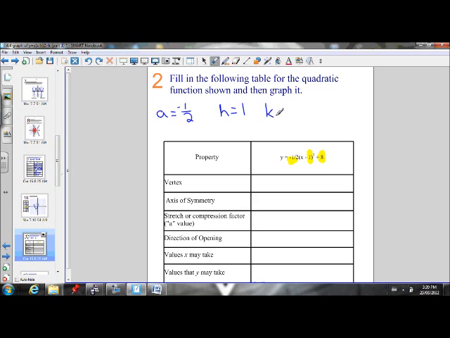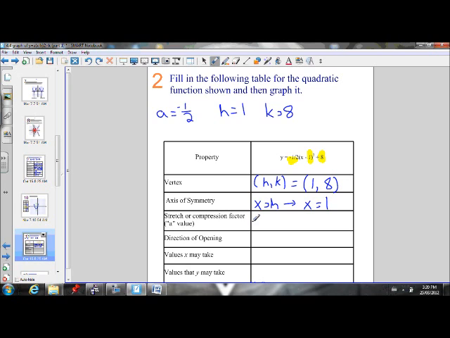K equals 8. So the vertex is (h, k), so that is (1, 8). Axis of symmetry is x equals h, and we know that h is equal to 1. So x equals 1 is our axis of symmetry.